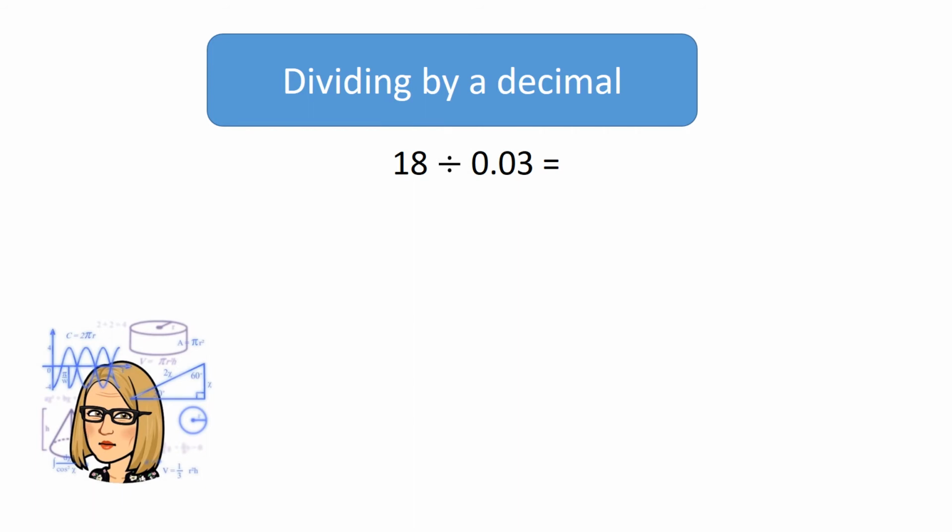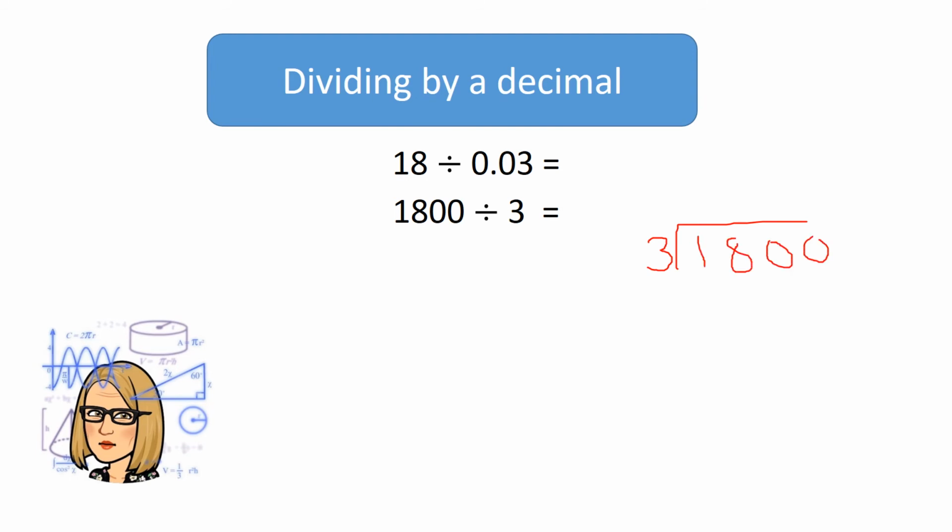Let's try another. I've got here 18 divided by 0.03. Now to turn that 0.03 into a whole number, I've got to multiply it by 100. Which means I've also got to multiply 18 by 100. And now I've got 1800 divided by 3. I can use my bus stop for this if I need to. I've got 3 here and 1800.